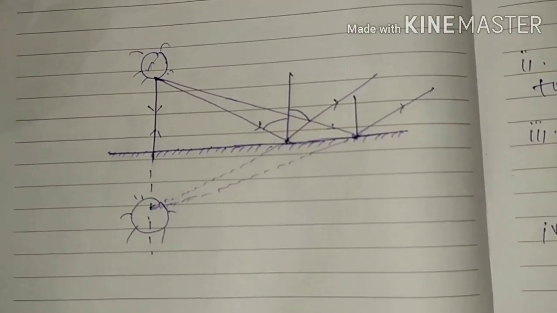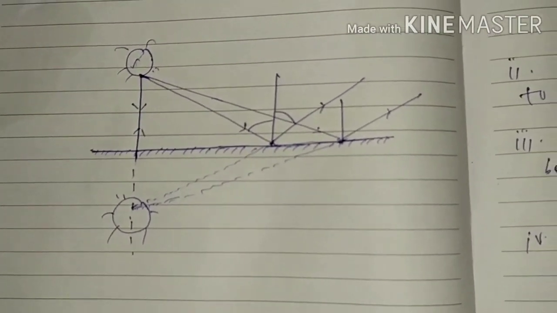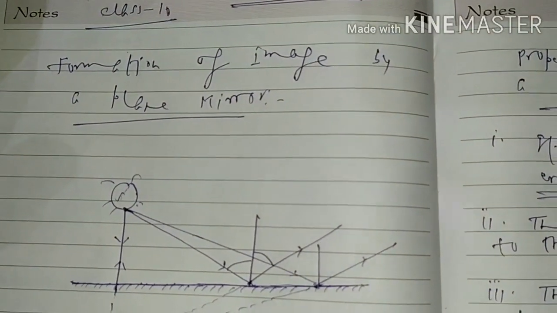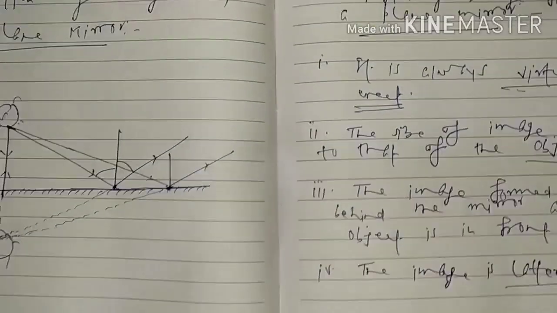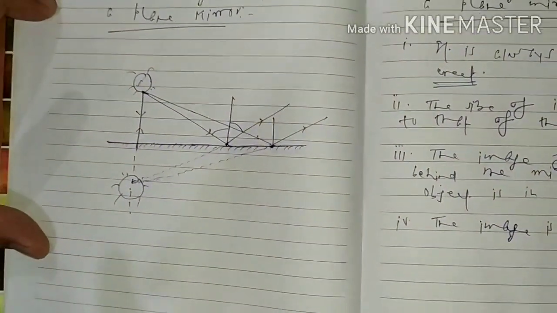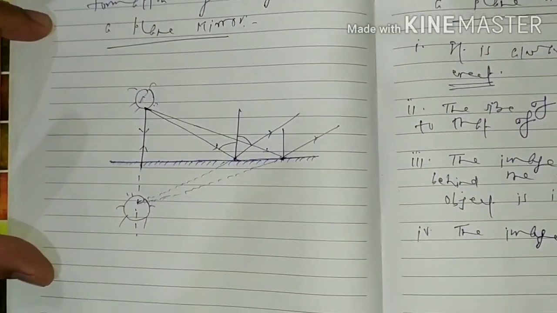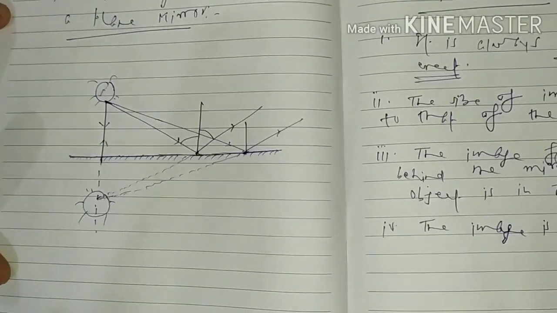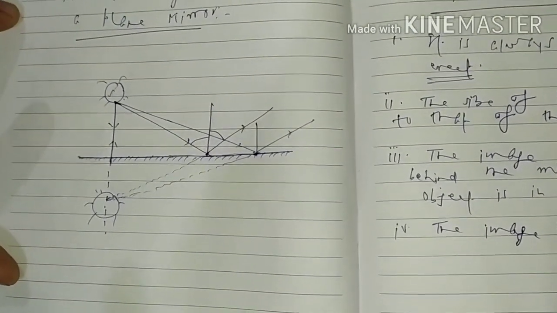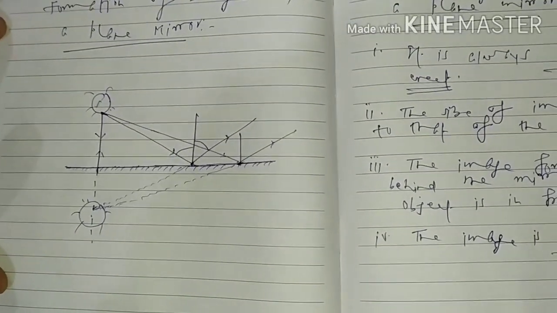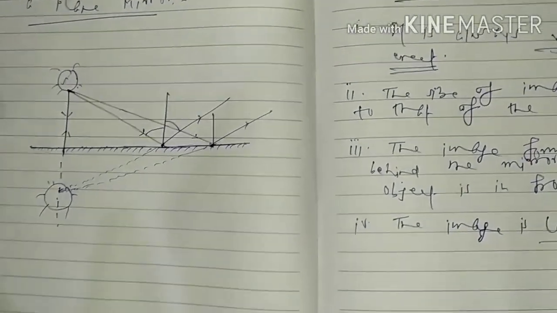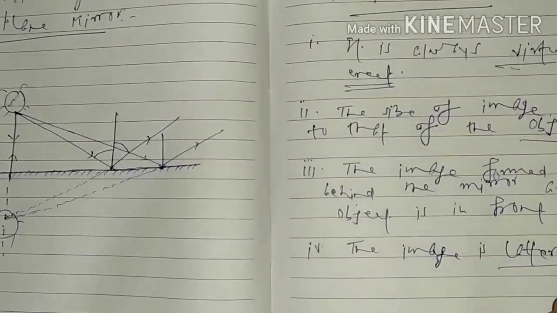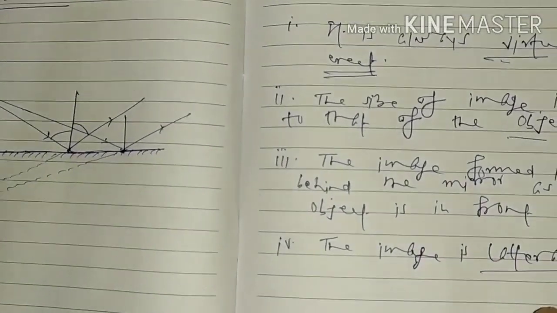Dear students, we will now try to understand the meaning of real and virtual images. We have just formed the image of the sun with the help of a plane mirror. You have already read in class 7 about the images formed by spherical mirrors. So once again we shall recite it and try to see the difference between a real image and a virtual image.